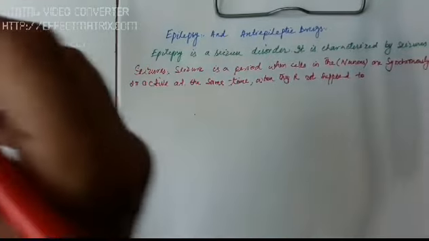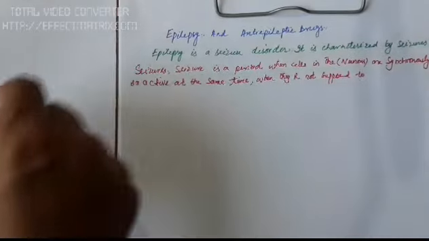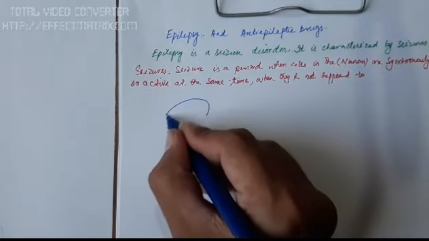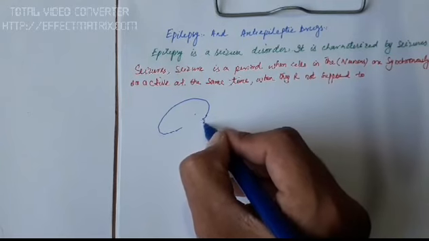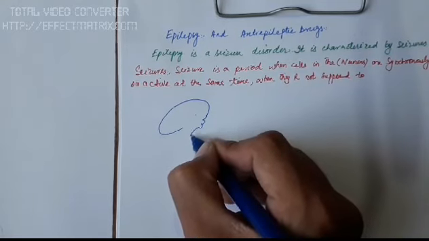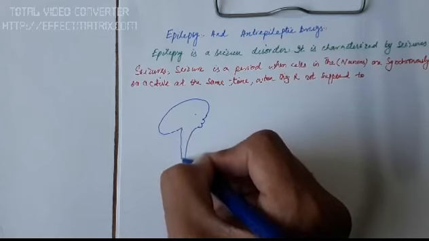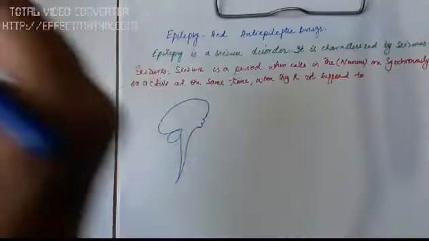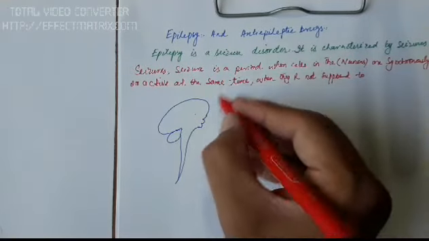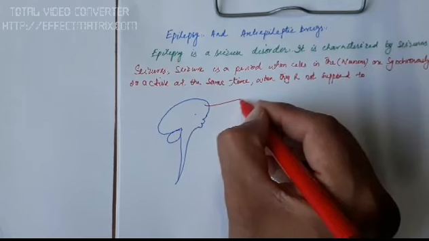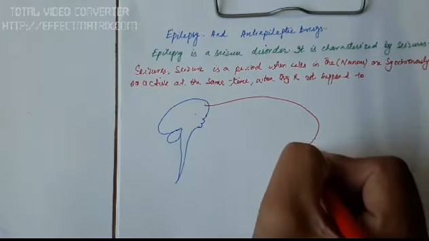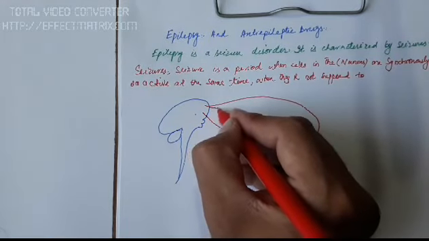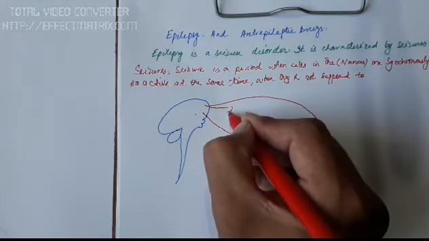Now let us draw a diagram of brain. Let us suppose these are the brain cells. These are neurons.